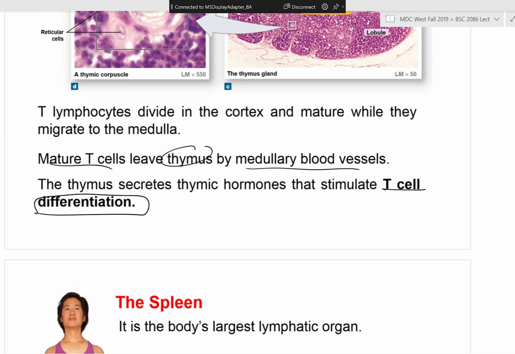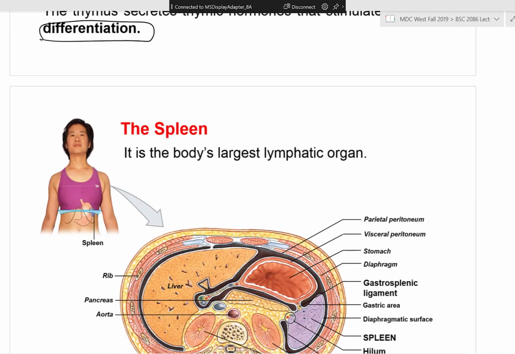Means that they are mature. So if you see any of these three words, immunocompetent, differentiated, or mature T cells, means that they're all supposedly working properly, right? Recognizing your own cells and killing only the antigens. That's the positive selection.